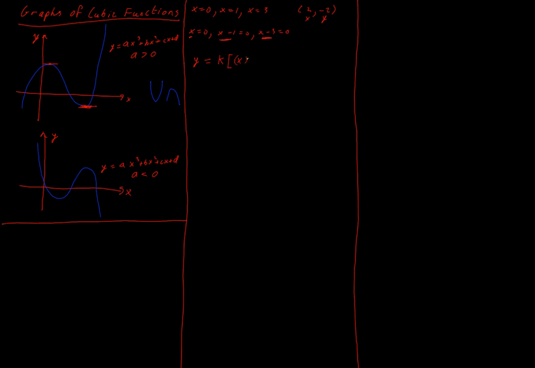So x multiplied by x minus 1 multiplied by x minus 3. I'm just multiplying out these brackets here. And when I do that, we all know how to multiply out brackets. So when we have done that multiplying out, we will get x cubed minus 4x squared plus 3x.